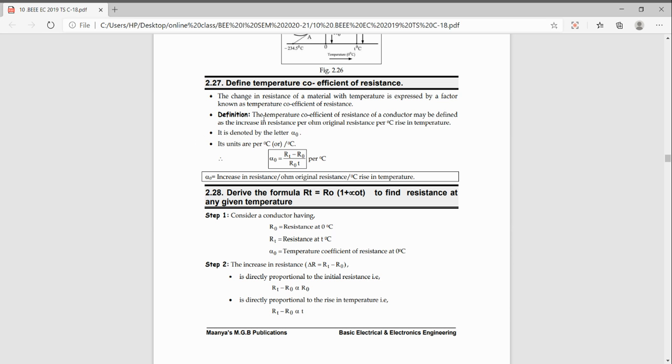It is denoted by alpha naught, and its unit is per degree centigrade.